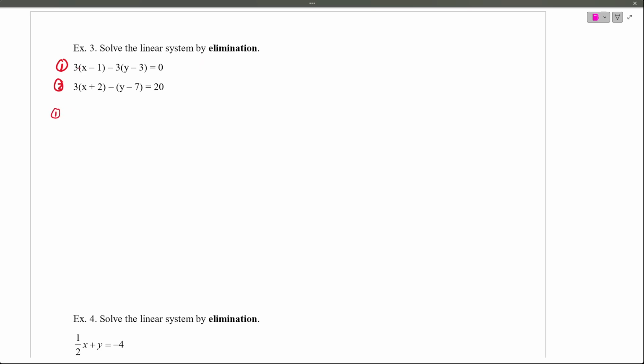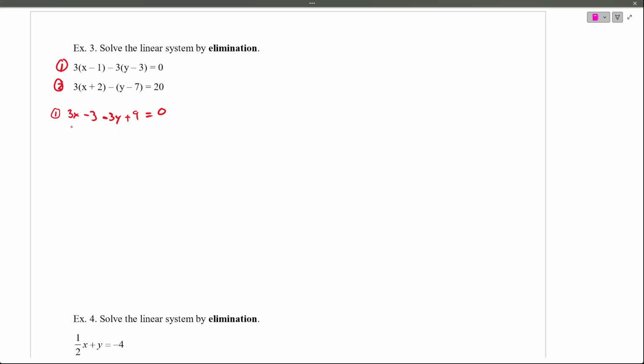So equation 1, we're going to multiply that through, so we're going to end up with 3x minus 3 times negative 1 gives us 3. And now we go over to the next one. 3 times y minus 3 times y gives us minus 3y. Minus 3 times minus 3 gives us plus 9 equals 0. We're going to collect our like terms and move our constants over to the right-hand side.